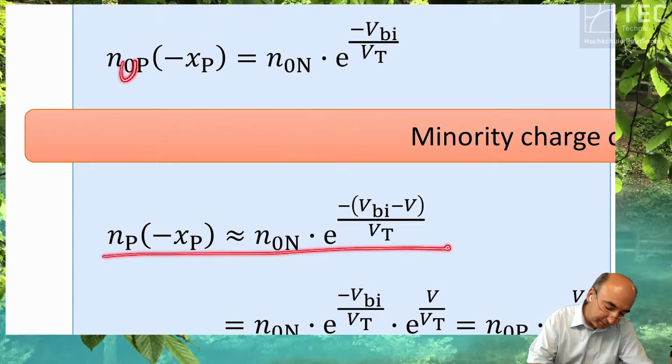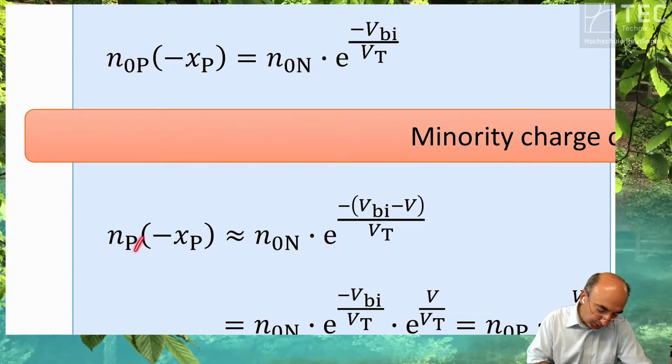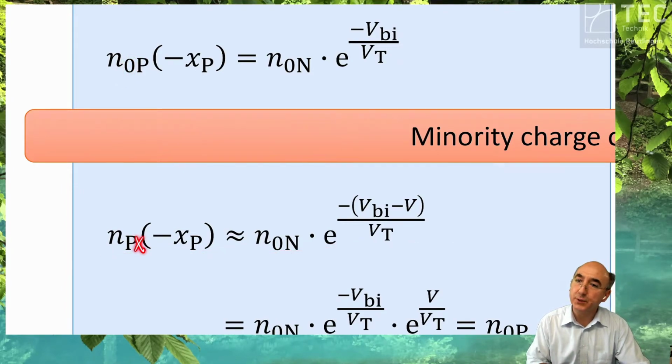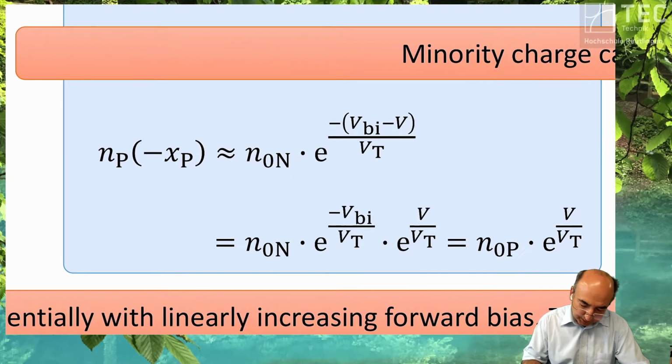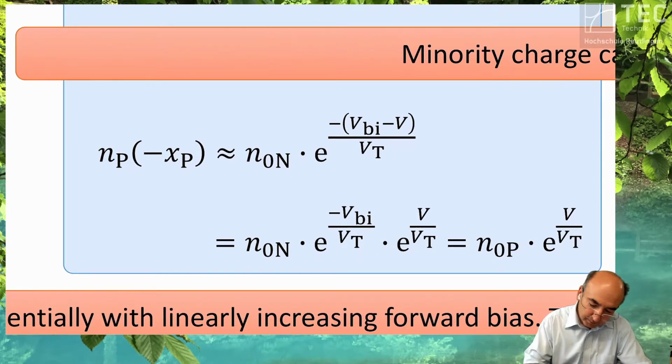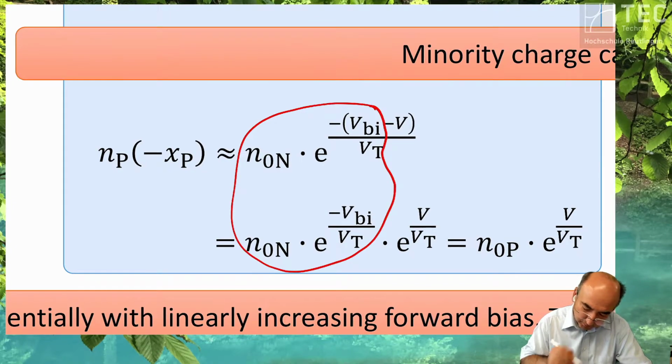Okay, now let's take this equation into account. Now we don't have the equilibrium value, we have the changed value. There is no more the zero because we have applied voltage. Now I can separate this part and this part.